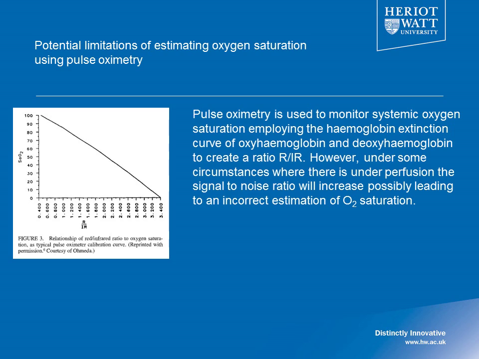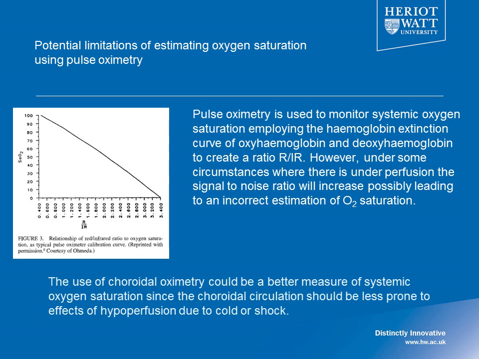But if you have, for example, impaired circulation and you're trying to measure pulse oximetry, one of the algorithms that are trying to detect pulsatile flow will increase the light intensity, which increases the signal to noise ratio. And the problem there is that you then could get an incorrect estimation of O2 saturation. So it may be the case that the use of the choroid could be a better measure of systemic oxygen saturation, since choroidal circulation should be less prone to the effects of hypoperfusion due to cold or shock.